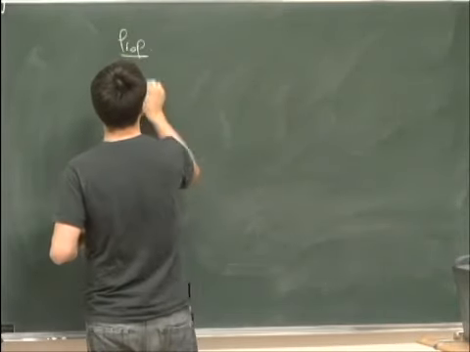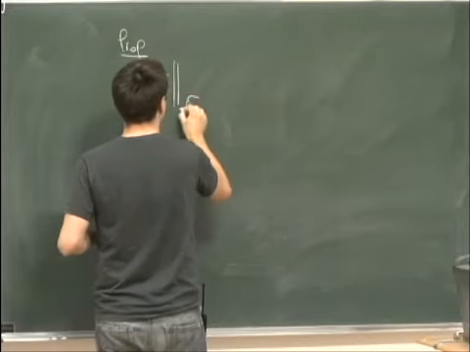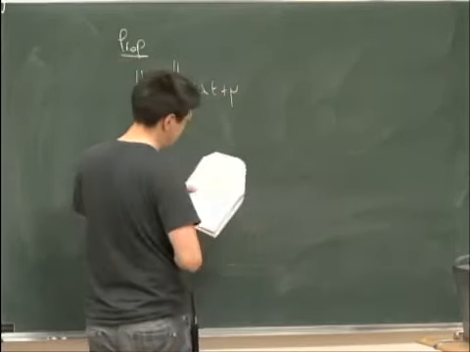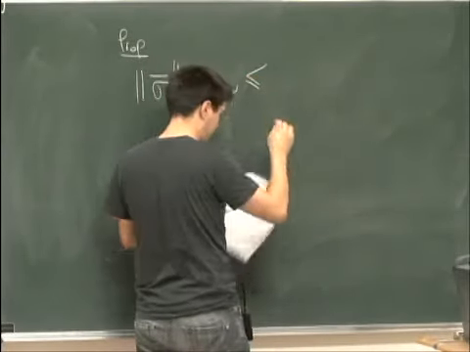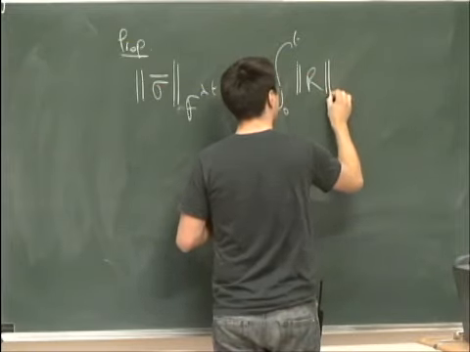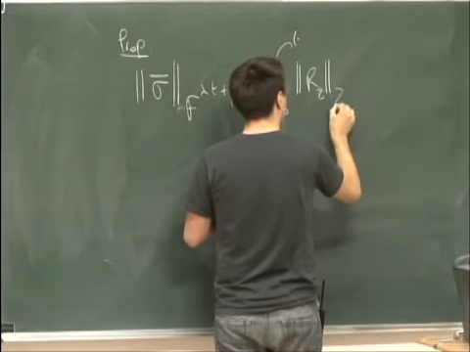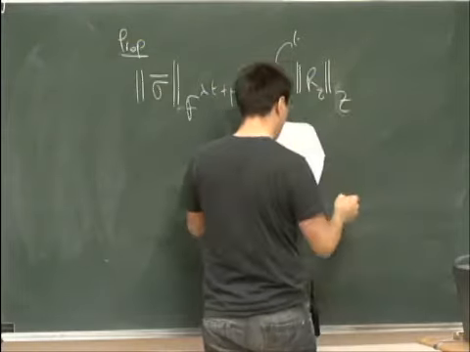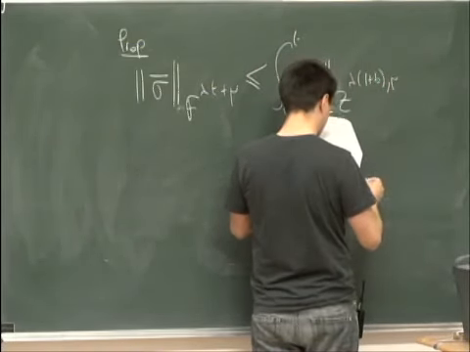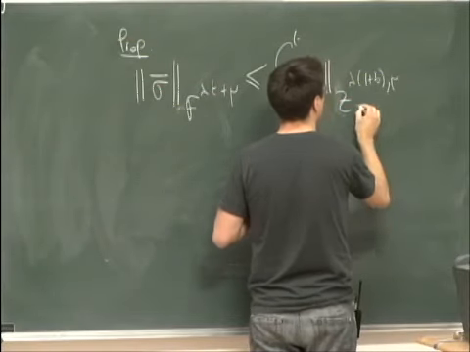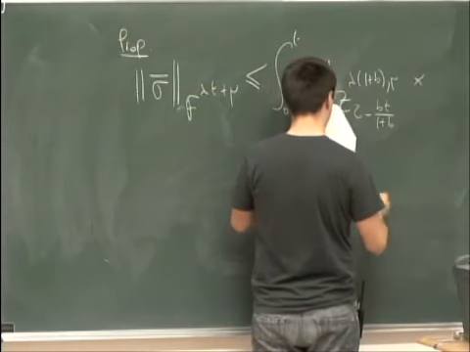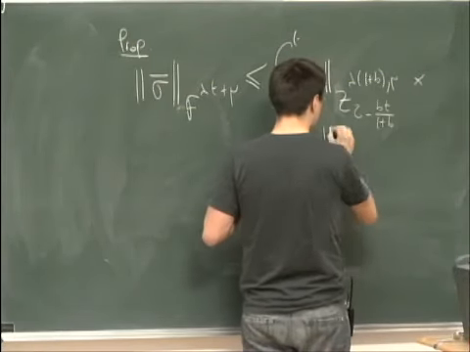So the sigma bar, if I estimate it in the F norm at lambda t plus mu, then it is less than the integral of R tau at z, lambda 1 plus b mu, tau minus b t 1 plus b times g the same.